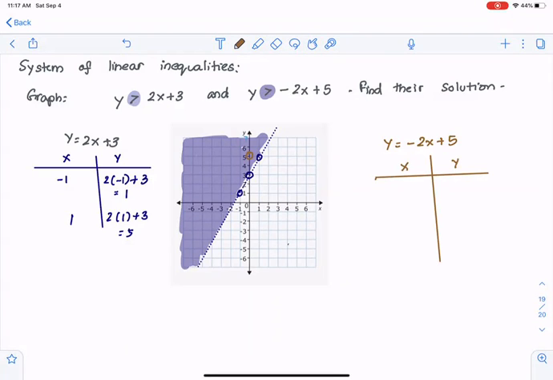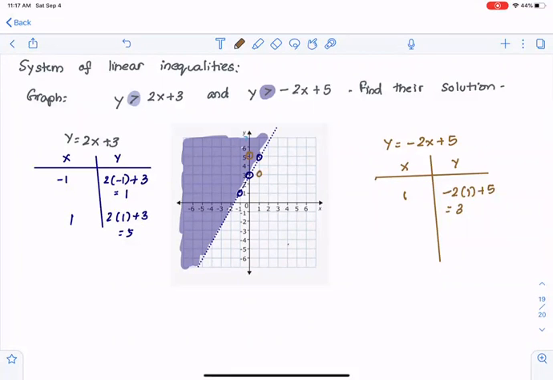Let me pick +1, and that would give me -2 times 1 plus 5, 5 minus 2, 3.